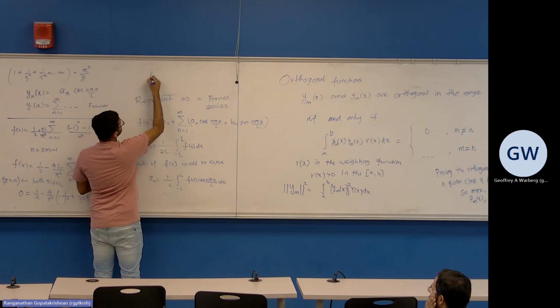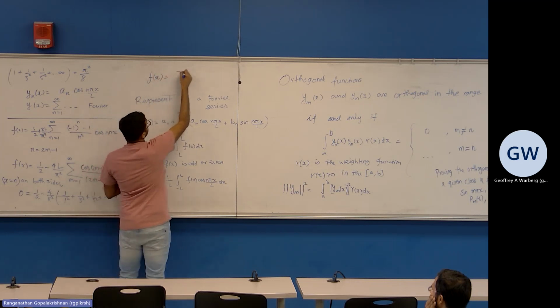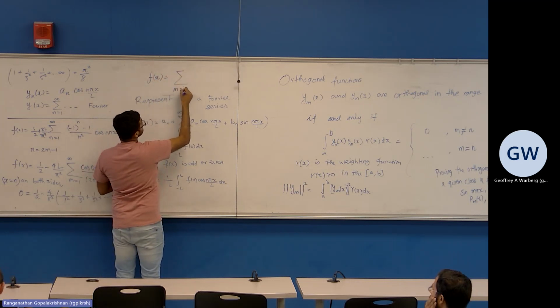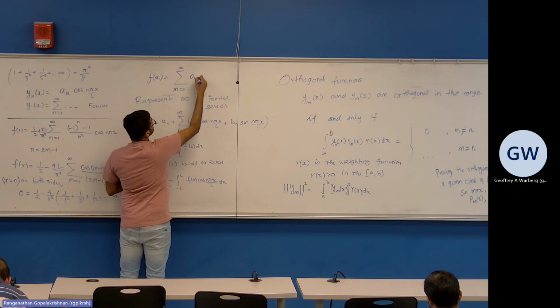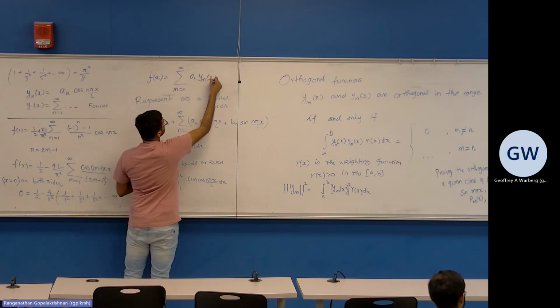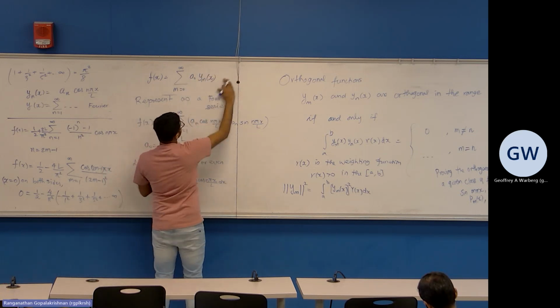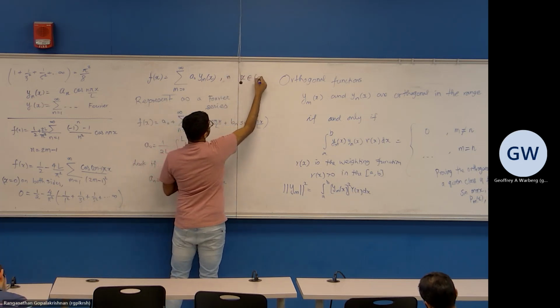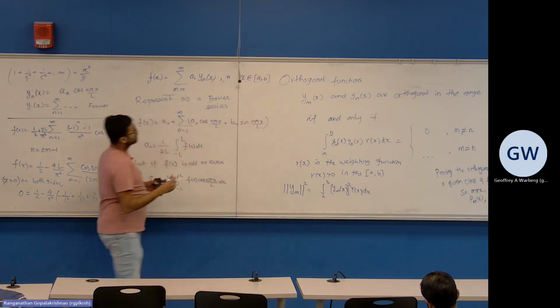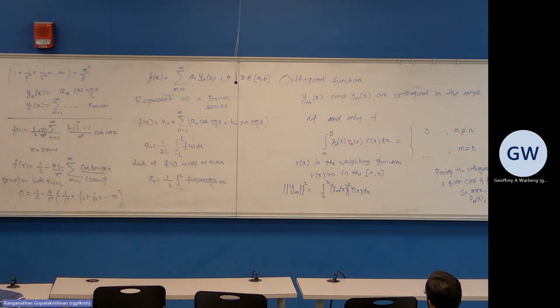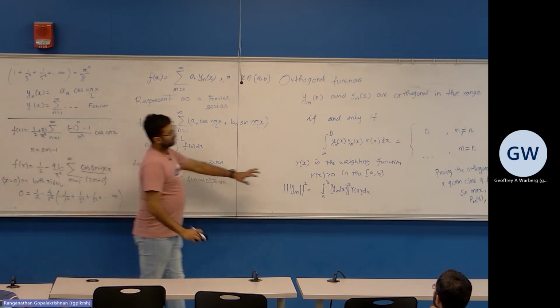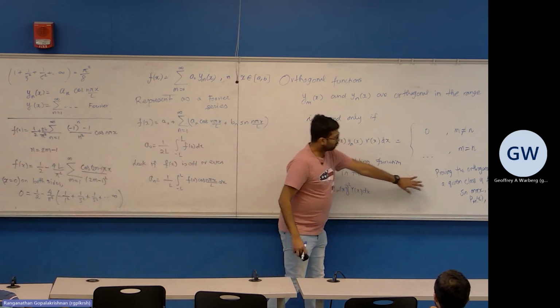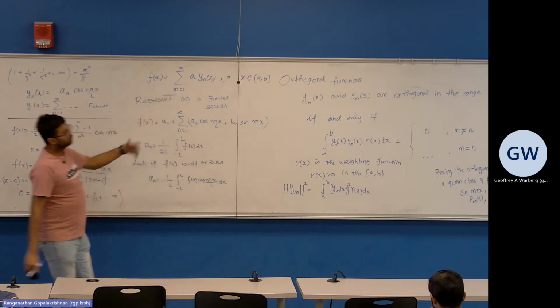So you can represent any given function as an infinite series of a naught ym of x in an interval x between a to b, in which ym of x is orthogonal. If they are not orthogonal, you cannot use them as basis functions. So proving orthogonality is the first step towards representing a given function using ym of x.